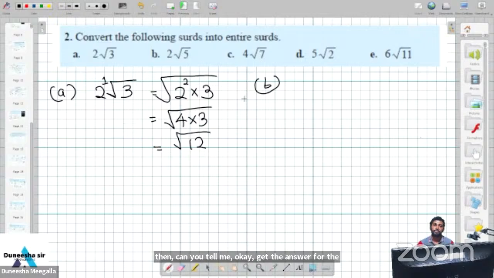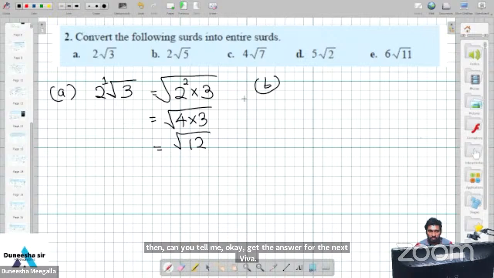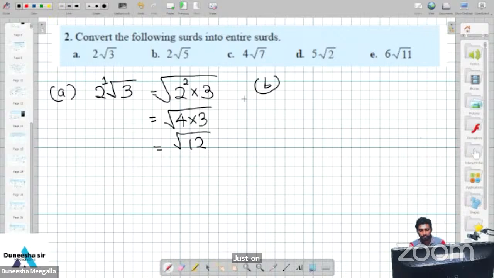B වලට answer එක ගන්න බා. ප්‍රශ්න එකක් ලියාගෙන. 2 into root 5.